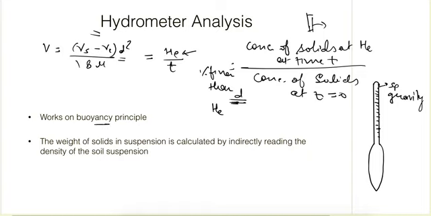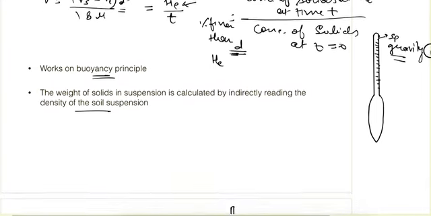The hydrometer is a device which works on the buoyancy principle, and the weight of solids in suspension is calculated by indirectly reading the density of soil suspension. As I said, the hydrometer is calibrated in such a way that it indirectly gives us the specific gravity, and so using that we find out the weight of solids in suspension, and we'll see how we do it.